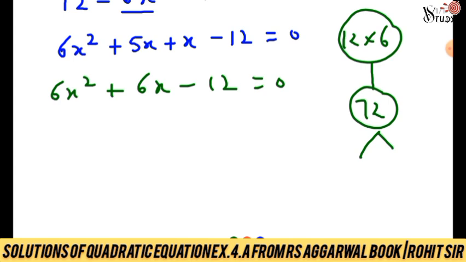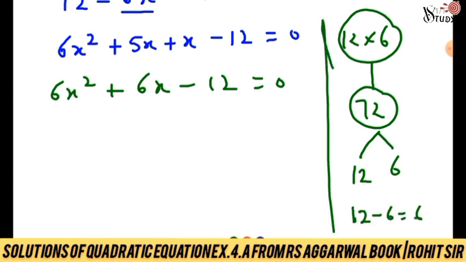These are 12 and 6, which multiply to 72, and when we subtract 6 from 12, then we have 6. So now 6x square plus 12x minus 6x minus 12 is equal to 0.